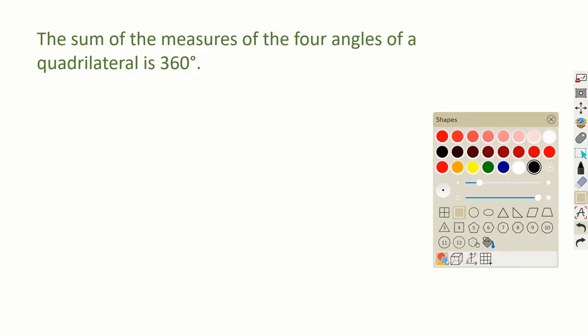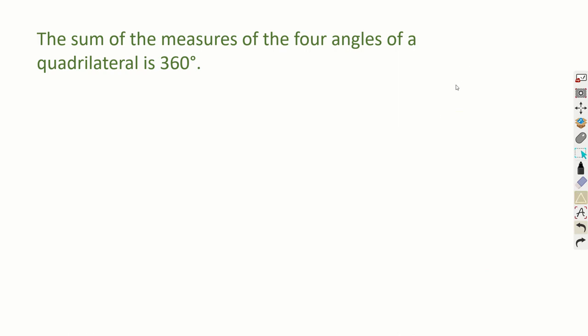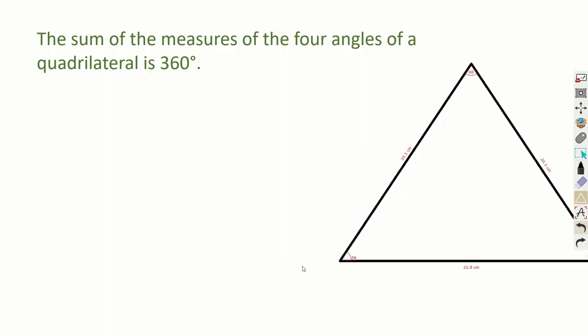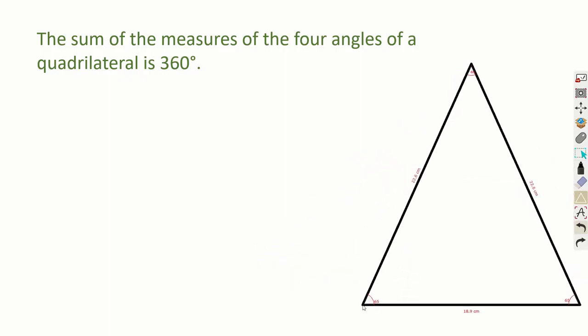It made you understand that, for example, if I draw a triangle here, this is a triangle, okay? I am drawing it with measure. See, look at the angle measurement of this triangle. Making it quite big so that you can see.